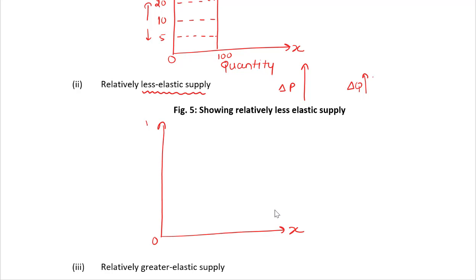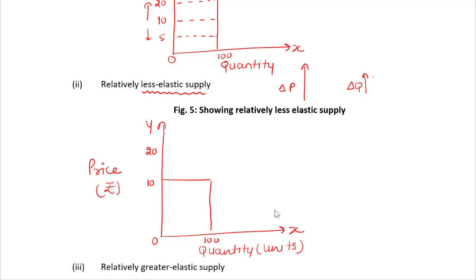X, origin, Y. We are plotting price over here on y-axis. We are plotting quantity on x-axis. The price was 10. The supply was at 10, 100. The price rose from 10 to 20. That is 100% increase. The supply changed from 100 to 150.